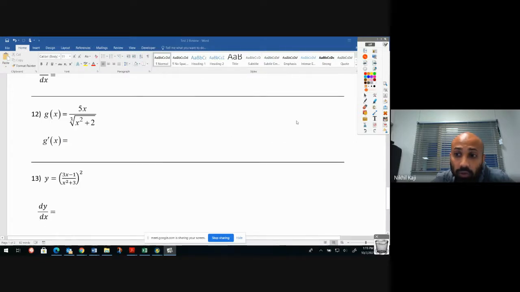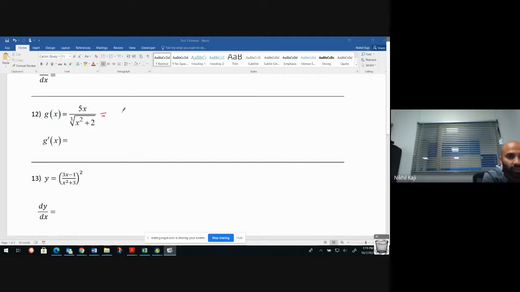Now we get to quotient rule. So let me just rewrite this as x squared plus 2 to the 1/3 power. That's the same thing. That's just easier to do it. Set that to 3. All right, so now when we do the derivative, that's quotient rule.